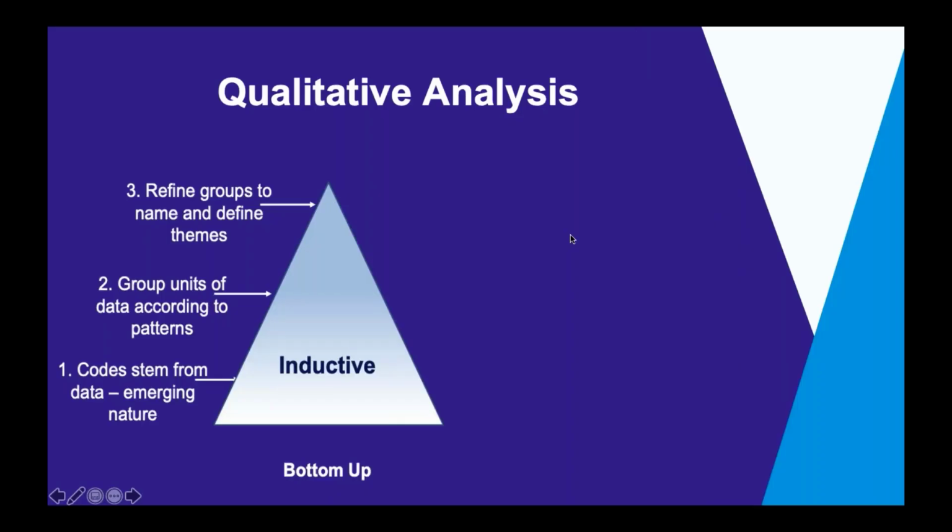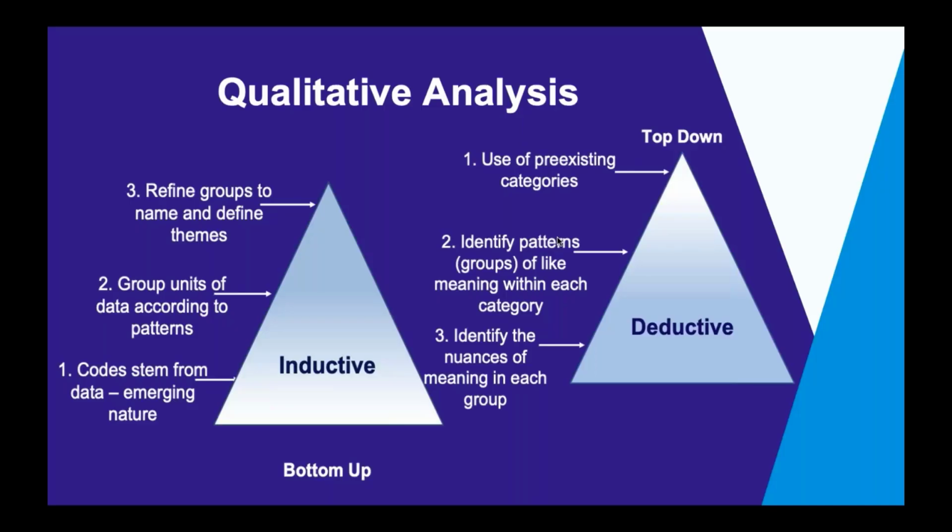All right, our next type of analysis is the top-down deductive analysis. This means we start with pre-existing categories. For example, if you're using a theory or a model to analyze the data, that's called deductive analysis. And that will go through the same process in step 2.